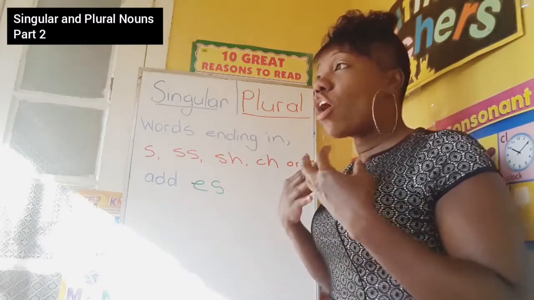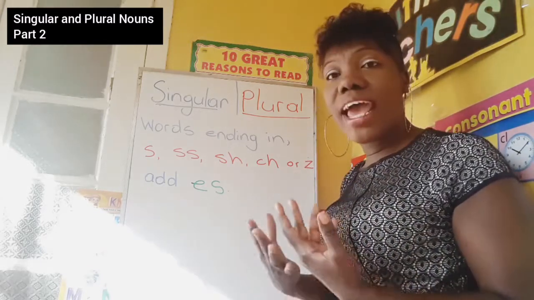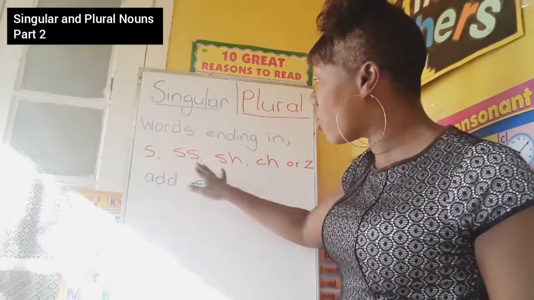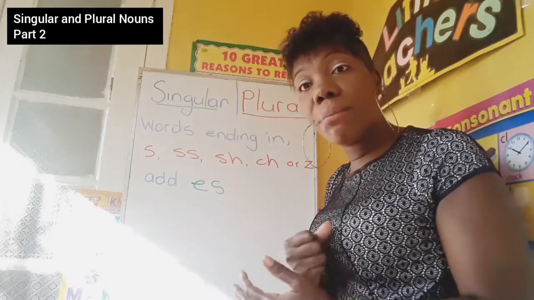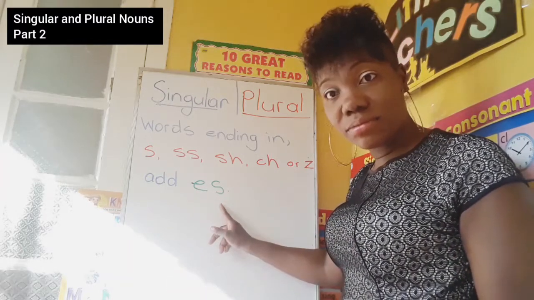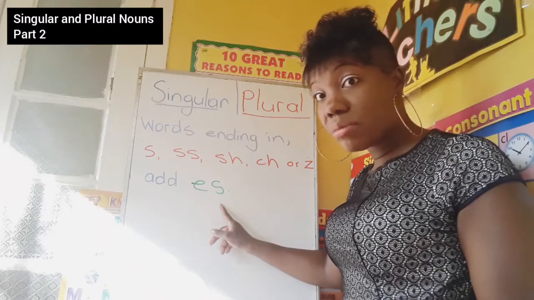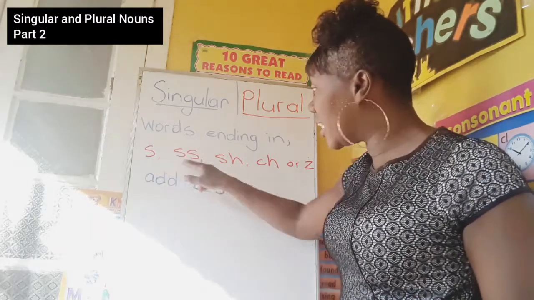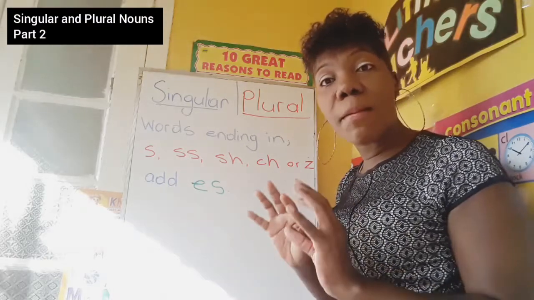So if you're making plural words that end with any of these letters, you're going to add E and S. Understand, boys and girls? I'm going to show you a list of words with these endings, and then we're going to make them plural.